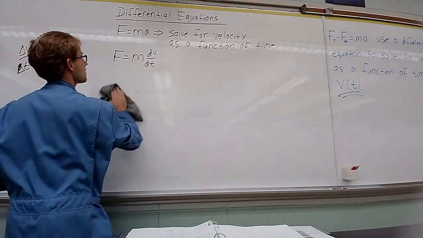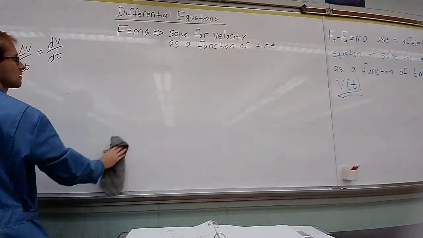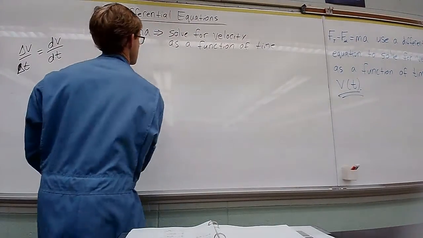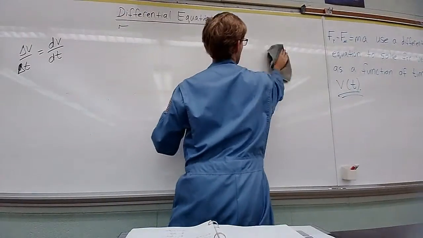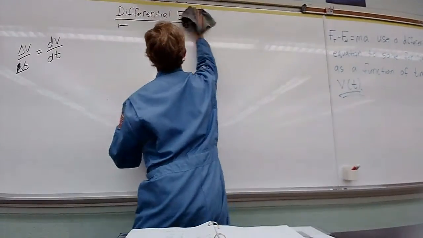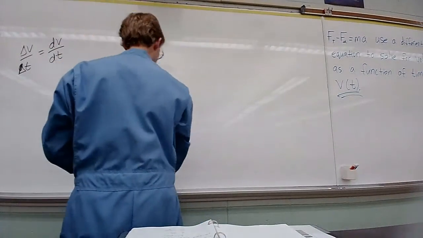You just say v of t. It's force of tension minus force of friction. Yeah, tension minus friction equals ma, something from our force days.